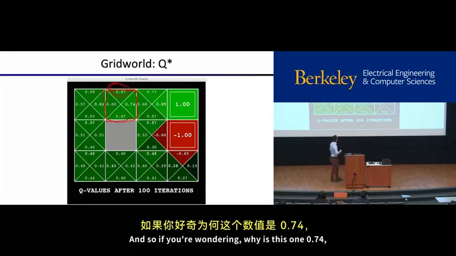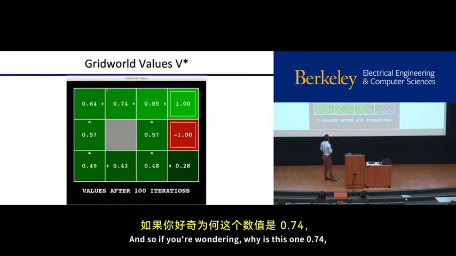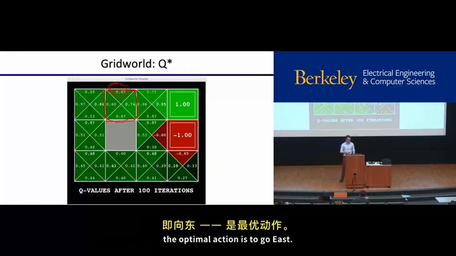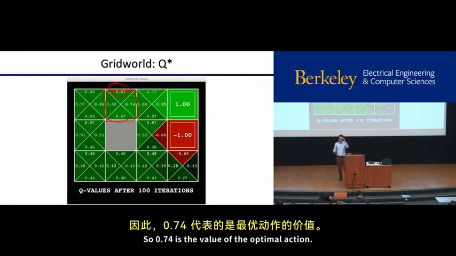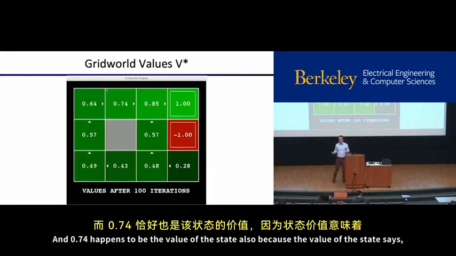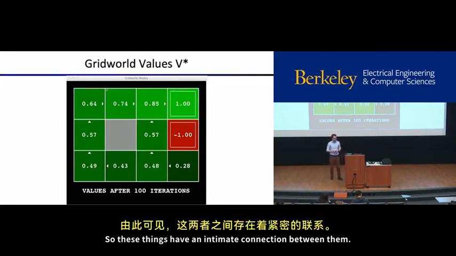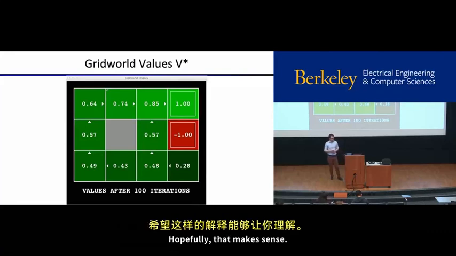And if you're wondering why this one is 0.74, it's because we've decided that the optimal action is to go to the right, to go east. So 0.74 is the Q value of the optimal action. And 0.74 happens to be the value of the state also, because the value of the state says I'm going to act optimally. So these things have an intimate connection between them. Hopefully that makes sense.